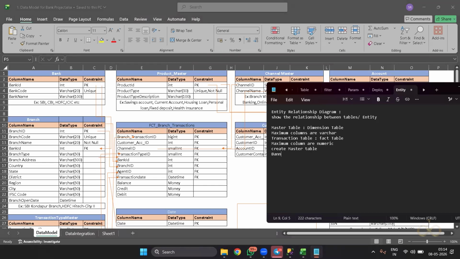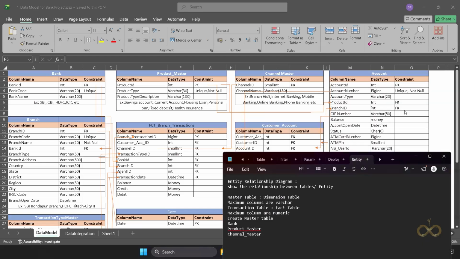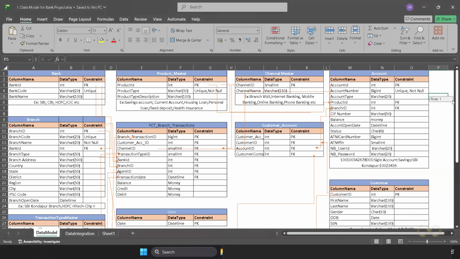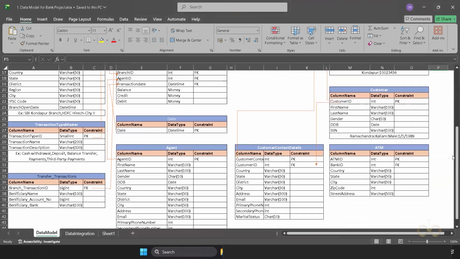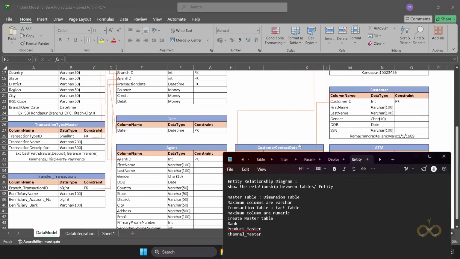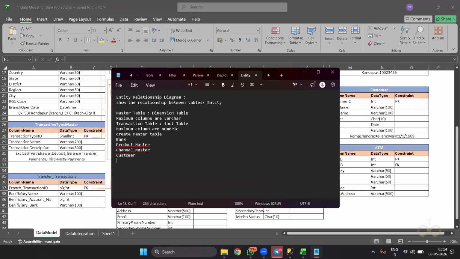So I'm writing the master tables: bank, product master, channel master, customer, date, transaction type master, transfer transaction.